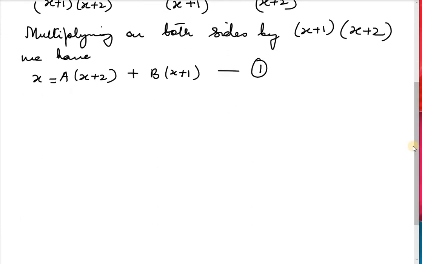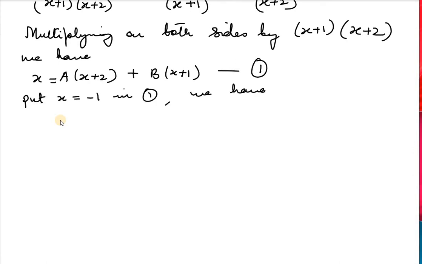So now, next step, we have to evaluate these constants a and b. To evaluate this constant a first, let us substitute x is equal to minus 1. When we put x is equal to minus 1 here, then this term will be 0. So therefore, you get the value of a. So now you put x is equal to minus 1 in equation 1.